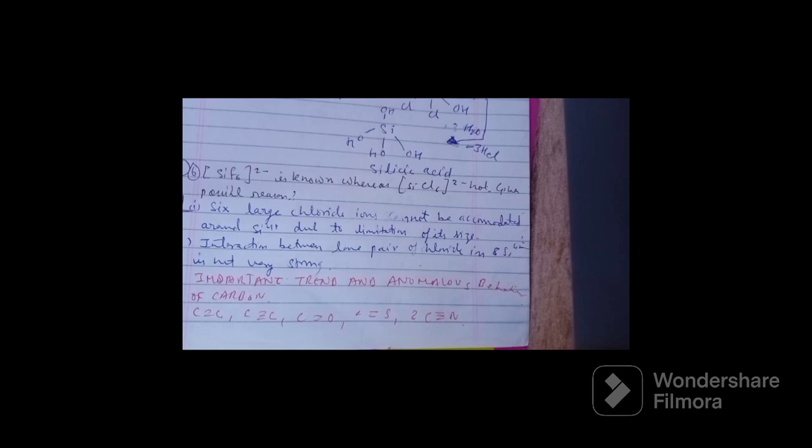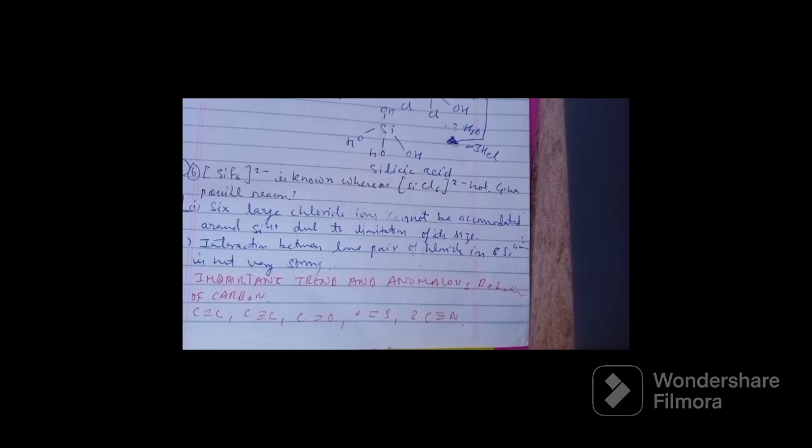Carbon atoms have the tendency to link with one another through covalent bonds to form chains and rings. This property is called catenation. This is because carbon-carbon bonds are very strong. Down the group, the size increases and electronegativity decreases, and thereby the tendency to show catenation decreases.